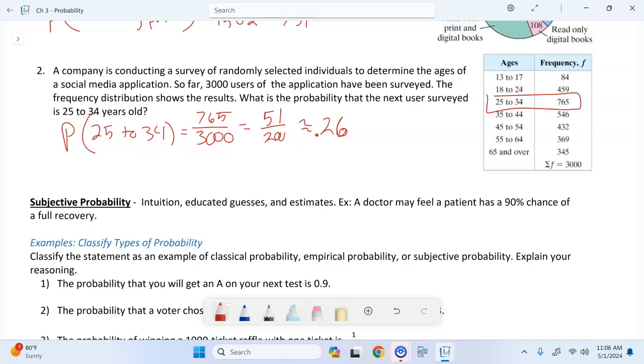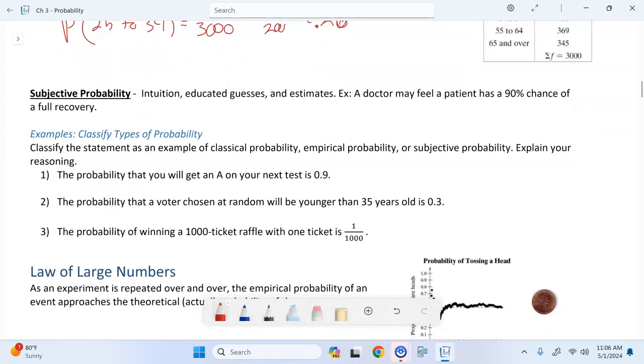It's based off of previous knowledge, but generally we use this when the situation is so complex, there are so many different factors that we can't keep track of everything, and we don't have precise data to get an empirical result. We're just comparing it to something similar, and so we're making an estimate on the probability based on prior experience.